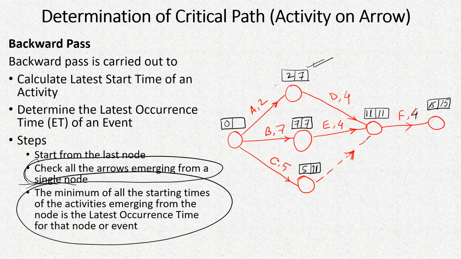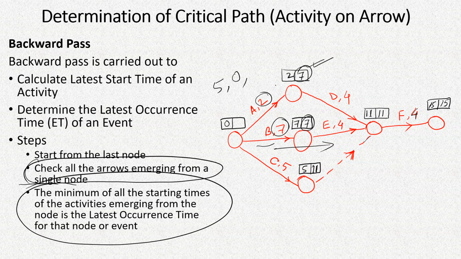What does it mean? If we take 7 minus 2, that will be 5. That means this activity A could be started on the 5th day also. Then for this part, 7, that is the completion time, minus the duration will give us 0.